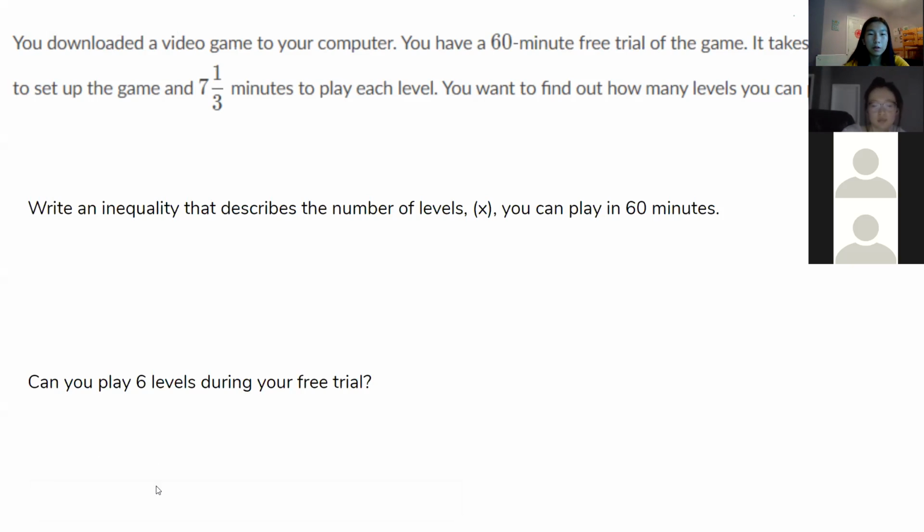So yeah, the only thing left is to decide which side your inequality is going to be on. In this question, it's kind of unclear whether 60 would be okay. I think it would, so it would be less than or equal to. But usually they're a little bit more clear. It'll be like less than 60.